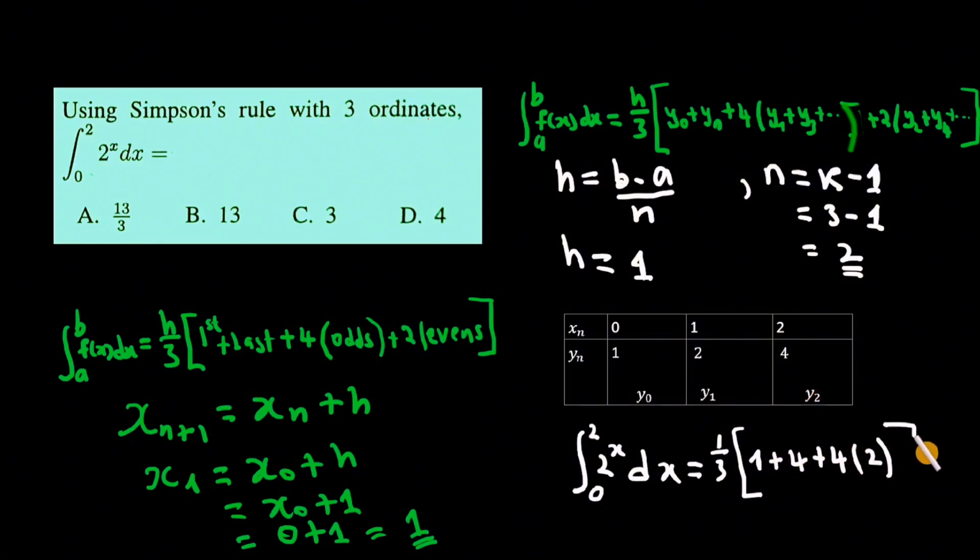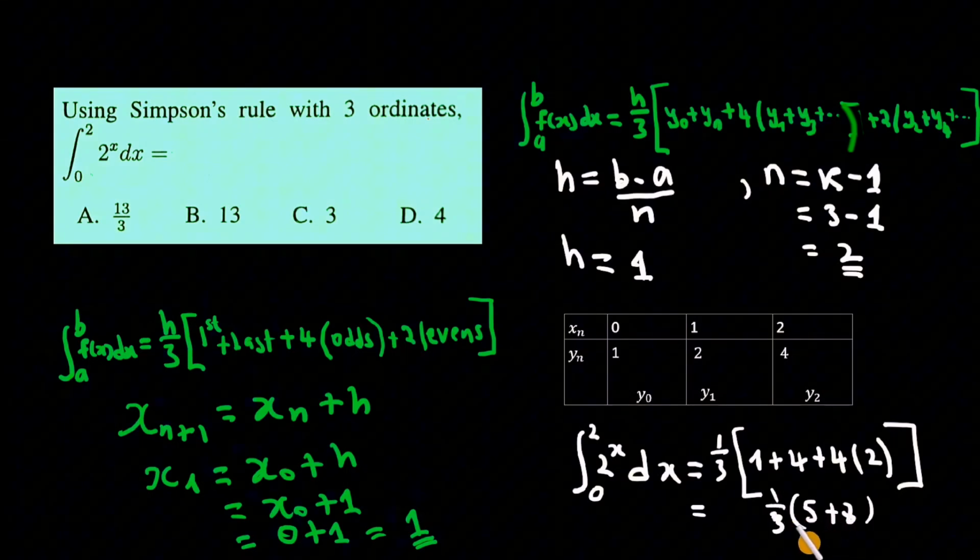Then the sum will remain like this: 4 times 2 is 8, and 1 plus 4 is 5. That is 5 plus 8, all into 1/3. 5 plus 8 is 13, and 13 times 1/3 is 13 over 3. So the correct approximation to this integral is 13 over 3, which is option A.